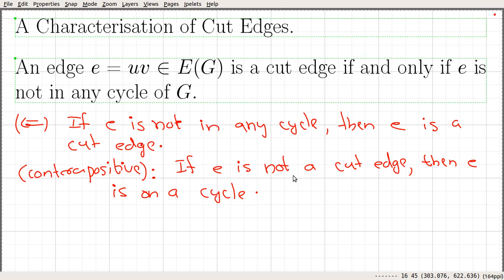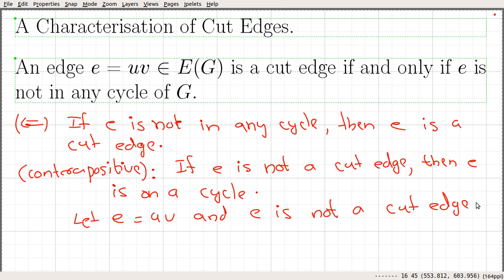We assume that E is not a cut edge. Let E equal UV, and E is not a cut edge. Since E is not a cut edge, removing this edge won't disconnect the graph.